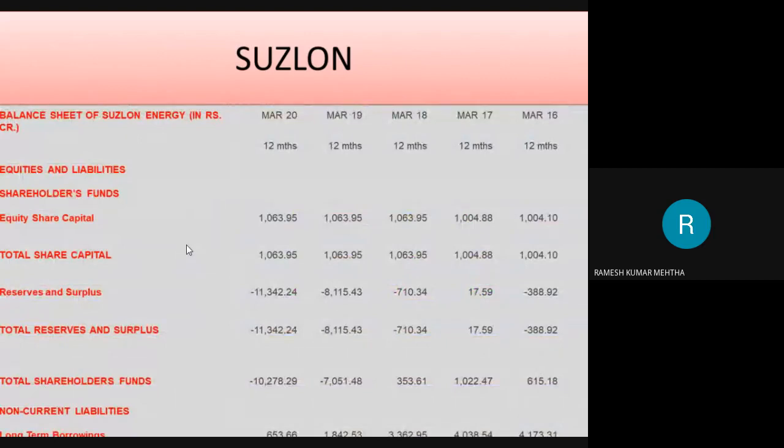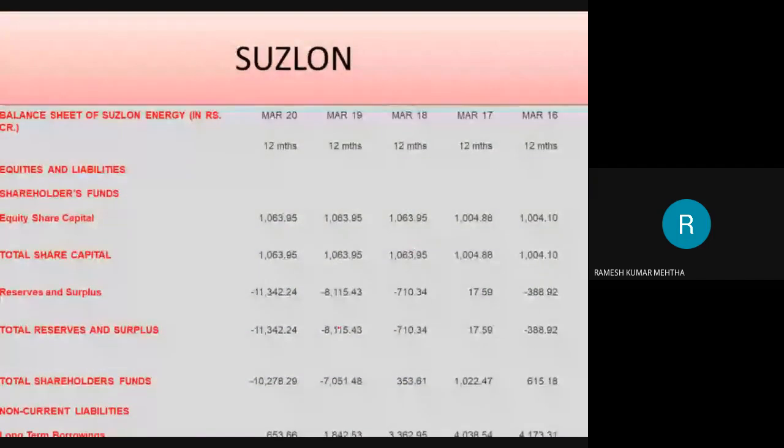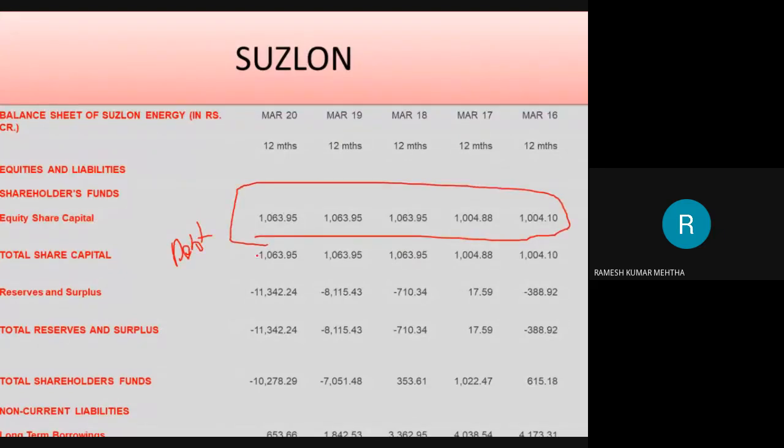Then let's look at the balance sheet of the company, the liability side of Suzlon, and let's understand the long-term liability of Suzlon also, because I told you about the debt of the company. Now the equity share capital is like this. The reserves, if you look, were negative, meaning this is the accumulated loss of every year.